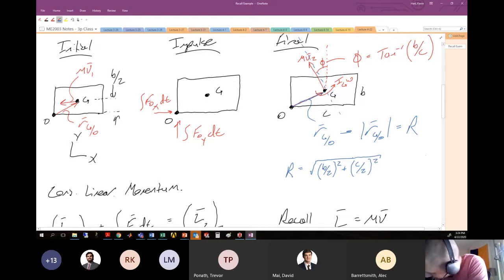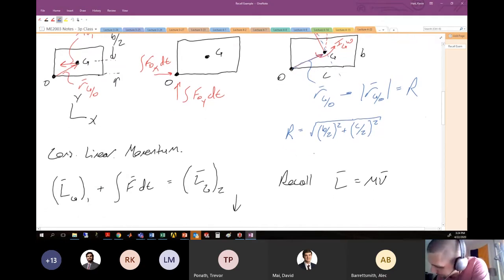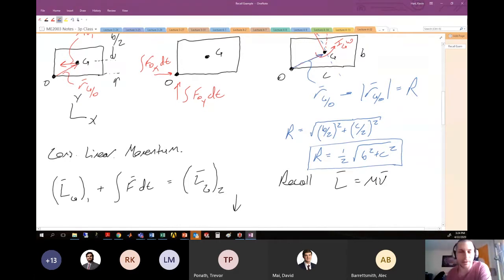That comes from this right triangle here. We could simplify this and write it as 1/2 square root b squared plus c squared. We'll use this a little bit later. Understand that this is the distance between point O and point G in an absolute sense.